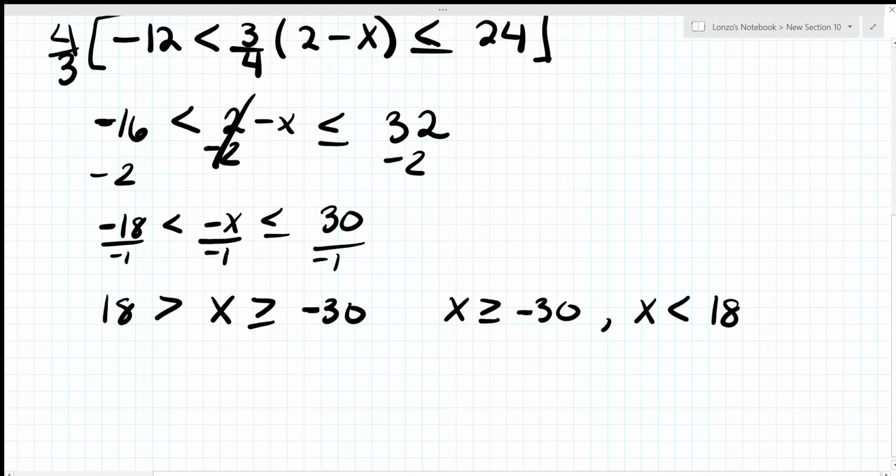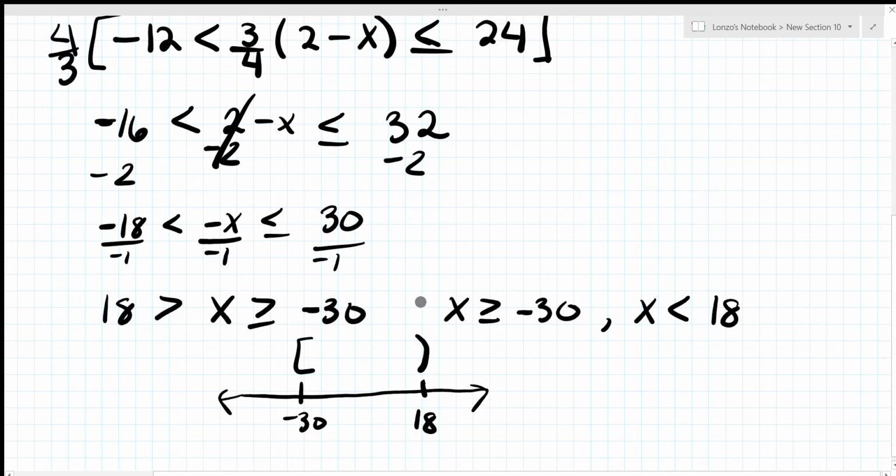Now we can graph it on a number line. Here's the smallest number, which is negative 30, and our biggest number is 18. For the 18 we're going to use parentheses because there's no equal sign, and for negative 30 we're going to use bracket.